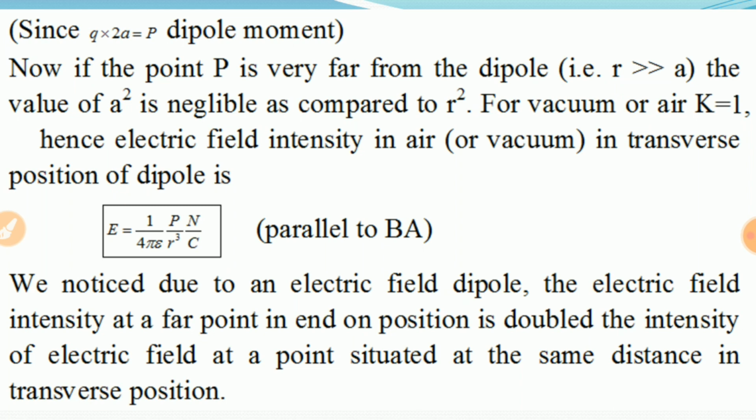We noticed that due to an electric dipole, the electric field intensity at a far point in the end-on position is double the intensity of the electric field at a point situated at the same distance in the transverse position. So we have to remember this result, and we will definitely use it in our next expression.